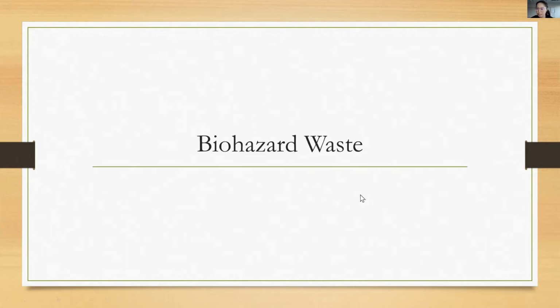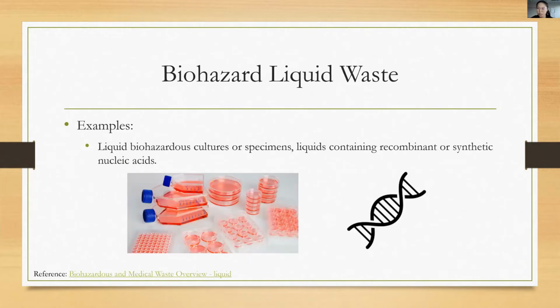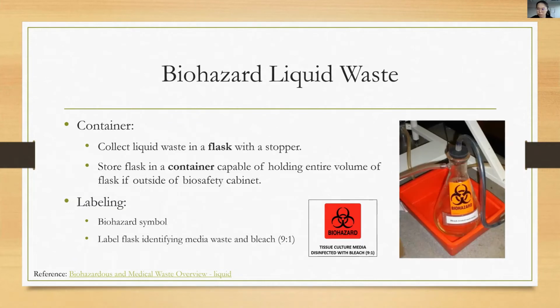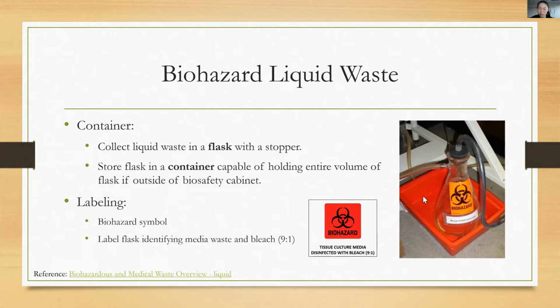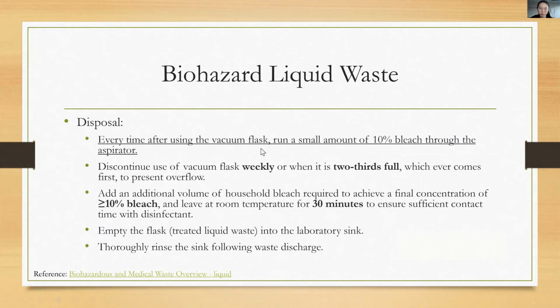Okay. So first is the biohazard waste. I'm pretty sure you are already very familiar with the liquid waste, solid waste, and sharp waste disposal procedures. But I want to highlight that for the biohazard liquid waste, which is the one that we treat with the aspirator and into the flask, please, everyone, every time after using the vacuum flask in the biosafety cabinet, run a small amount of 10% bleach through the aspirator.